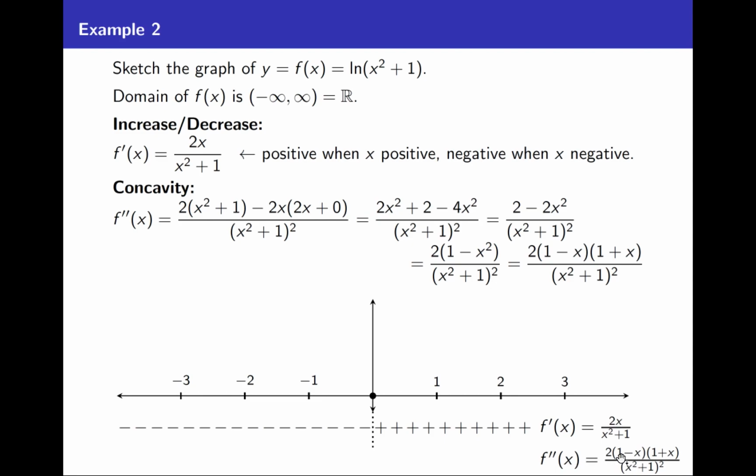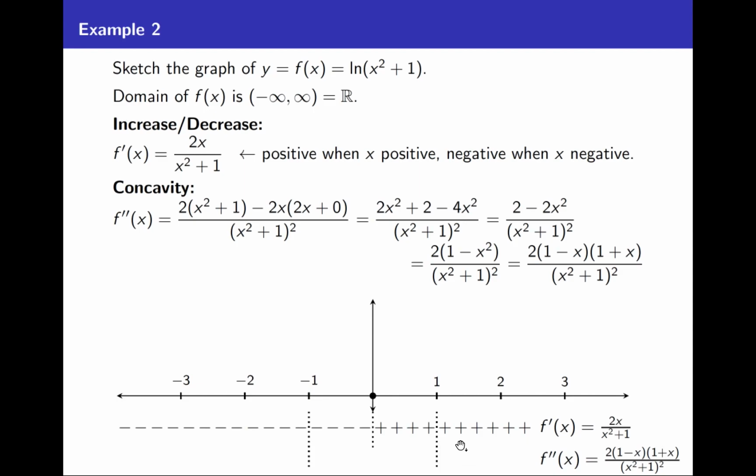You can see that it's 0 when x is equal to 1, which makes this factor 0, and also when x is equal to negative 1, which makes this factor 0. So let's put dotted lines there at negative 1 and 1. And we've now divided the number line into 3 intervals, here, here, and here, that are punctuated at negative 1 and 1, where the second derivative is 0. So we want to know where the second derivative is positive and where it's negative.